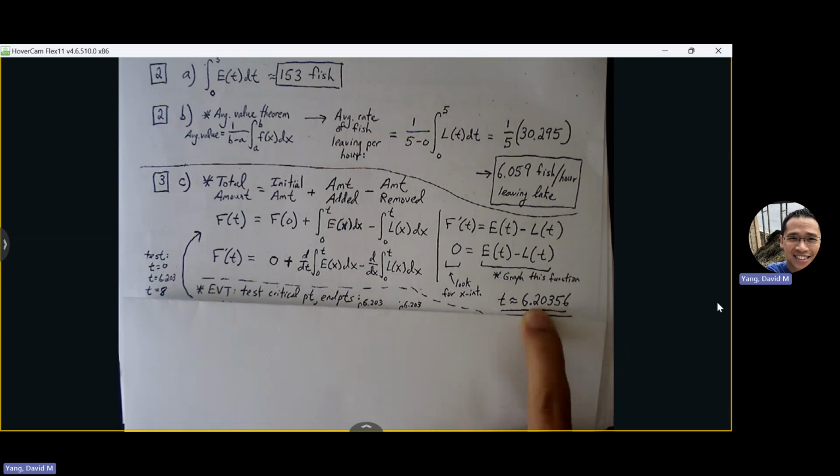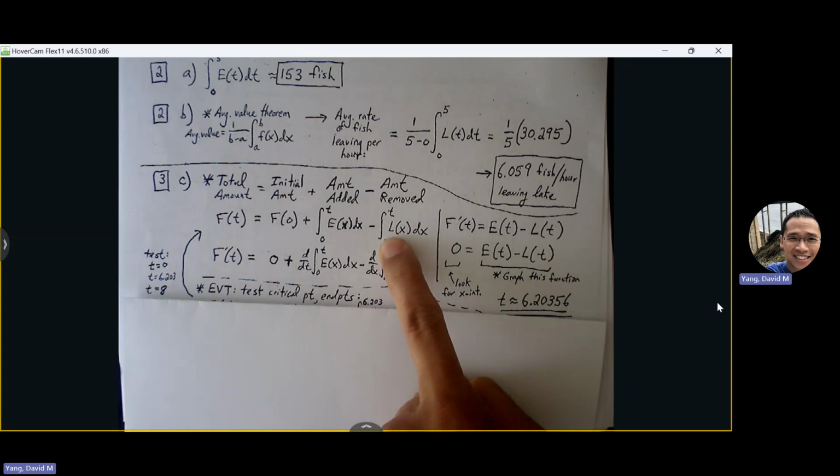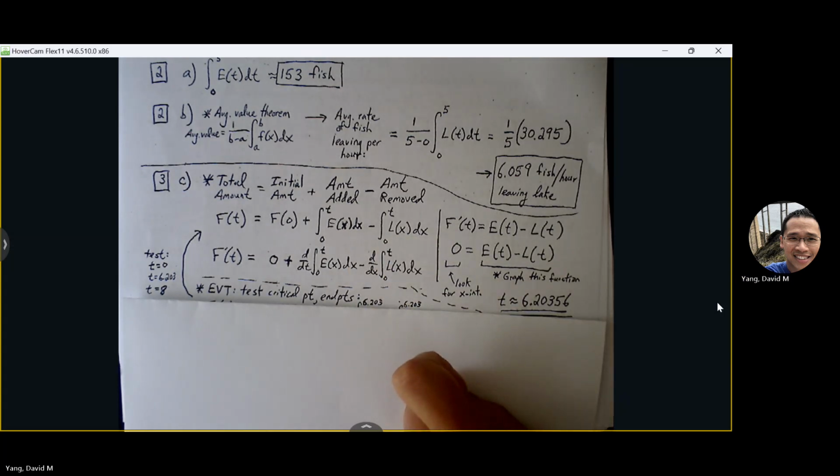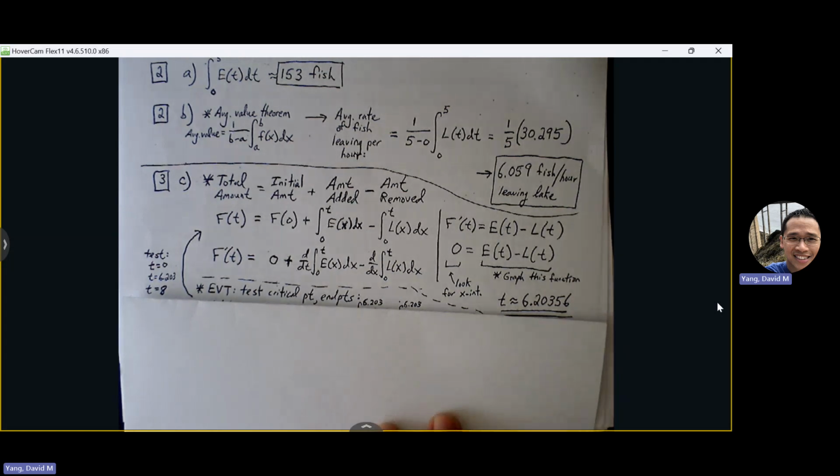And now I have a critical point. So I'm going to be testing 6.2, 0, and 8 against my f of t equation. And then I have all the potential values where the maximum number of fish can occur.